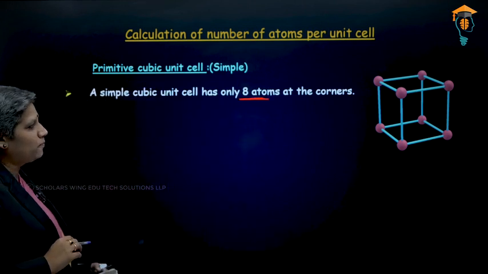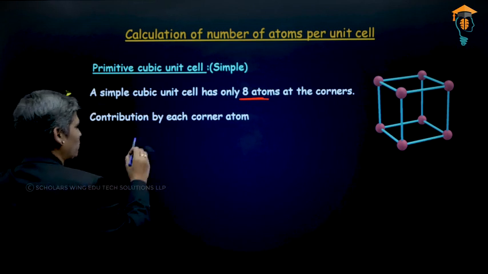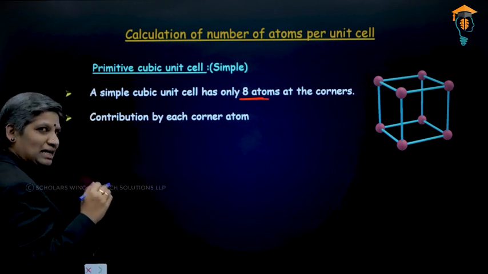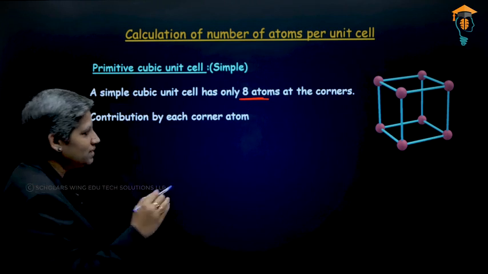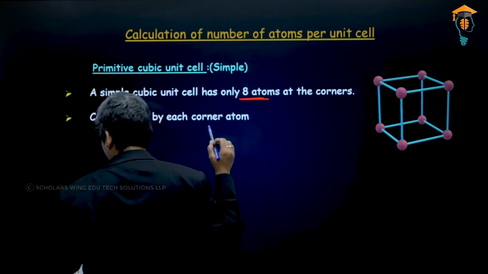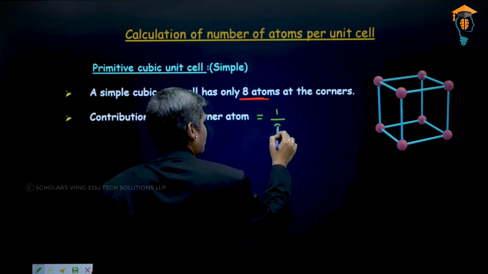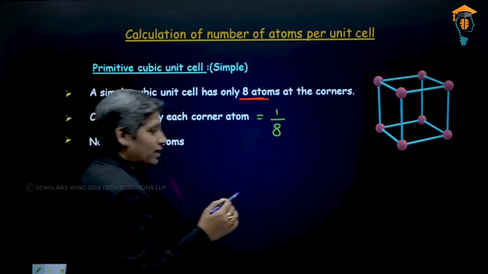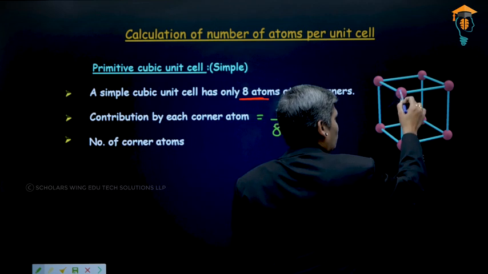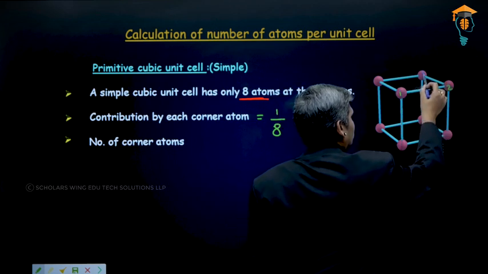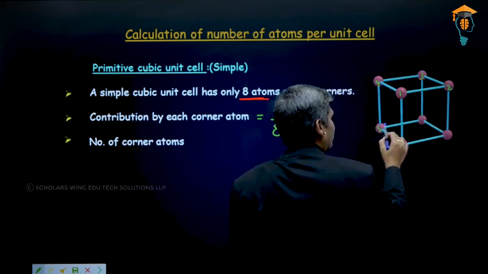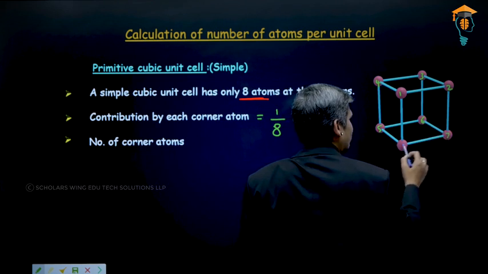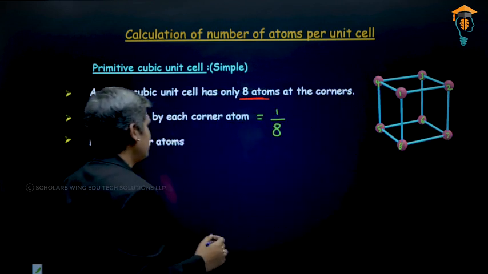Now, just now we saw the contribution made by each corner atom is 1 by 8, isn't it? And how many such corner atoms are there? You can count for yourself. It's 8. 1, 2, 3, 4, 5, 6, 7, 8 are there, isn't it? Good.